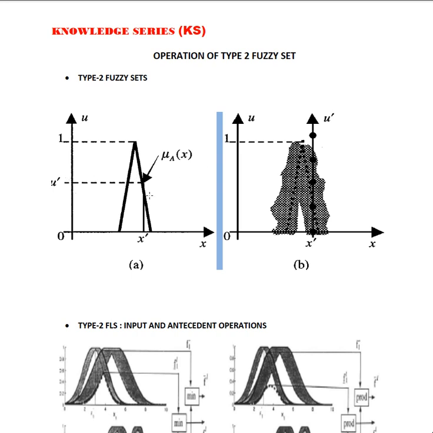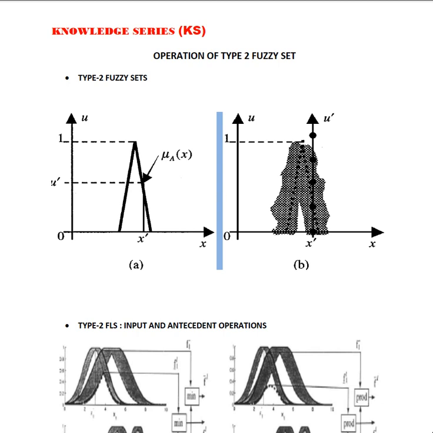If you take similar situations with respect to the type 2 fuzzy set, you will find that you have an infinite number of points, or a number of points you are able to see. In this figure, 3 points are shown across this particular line. Corresponding to that, if you draw the membership functions, those values are going to reflect in the case of a type 2 fuzzy set.